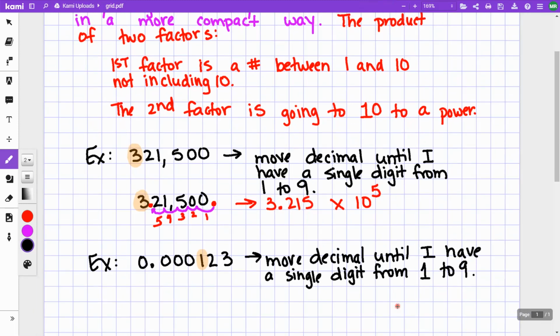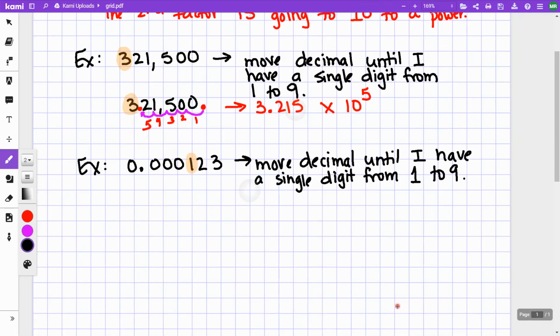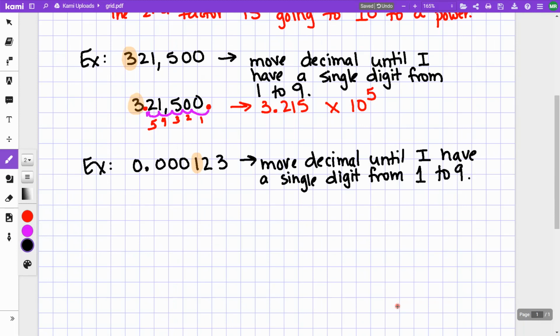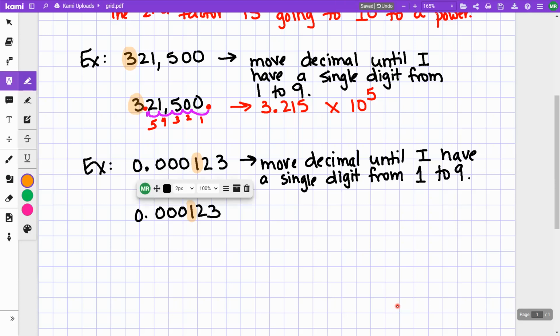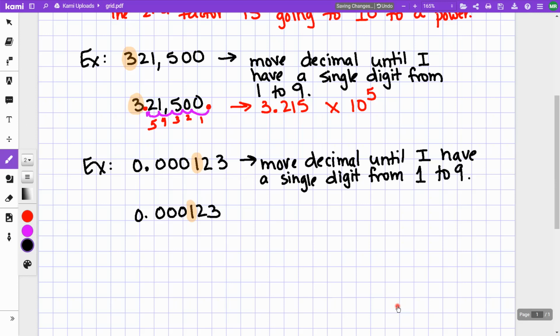So let me just move this up a little bit. Okay, and let me just recopy this number. So I have 1, 2, 3 zeros, and then 1, 2, 3. And again, I need to move it until I have a single digit from 1 to 9. So I'm going to start where my decimal is. My decimal is right here, okay?